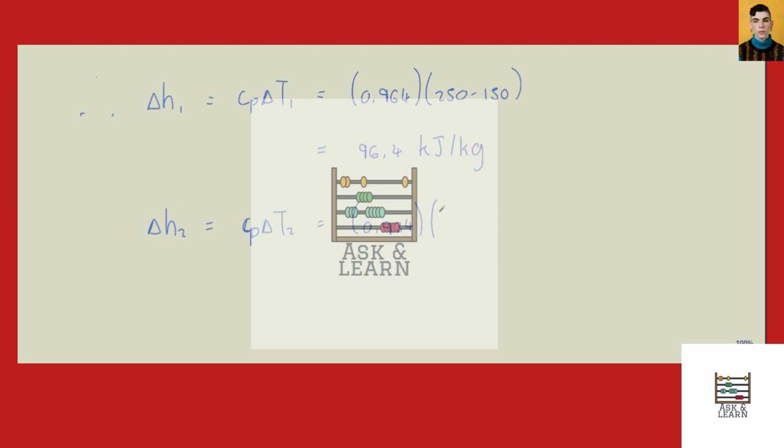Again, we'll suppress the units, times a temperature change of 100 minus 0. And this is equal to an enthalpy change of 93.4 kilojoules per kg. So we can see that the two results differ from each other by about 3%. They are not the same. And the pressure has no influence on the enthalpy of an ideal gas.